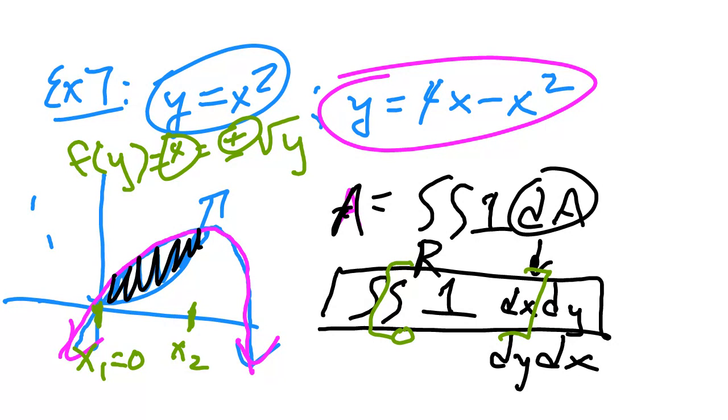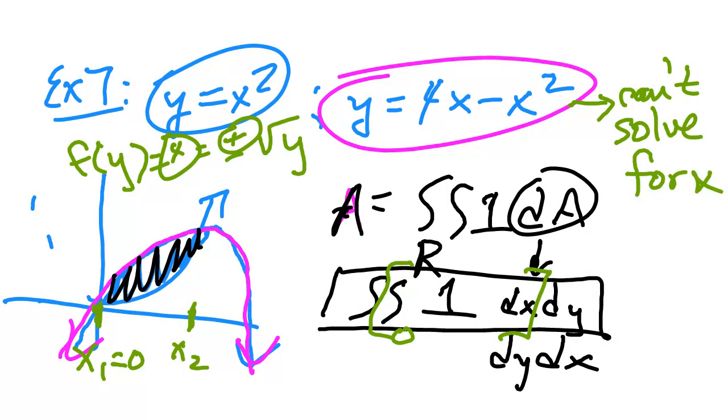Can you solve this for x? This is tough to solve for x, so we can't solve this one for x. That makes this version, having the x inside first, a little tough. So we really don't want this one. We're going to want that one. And if I want that one, let's go back and change it.